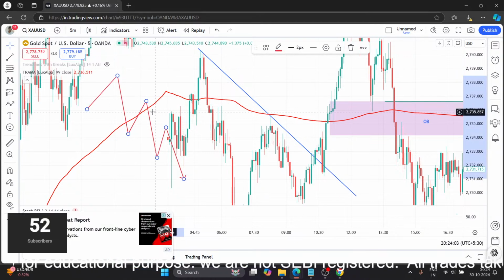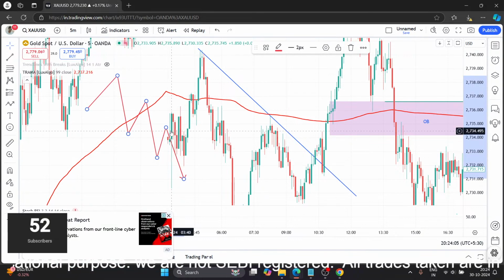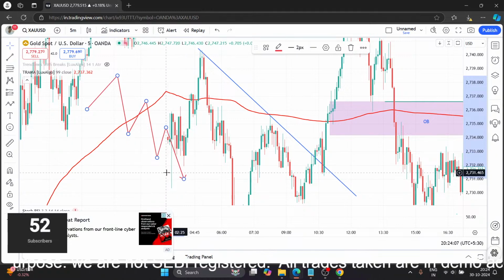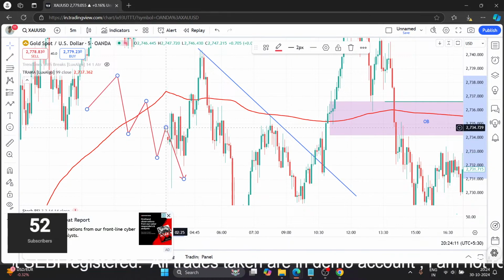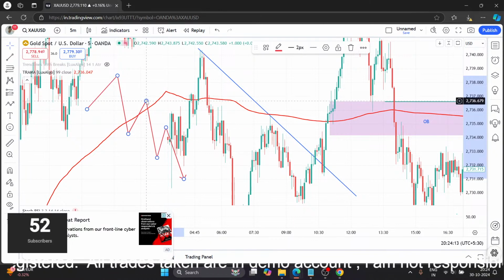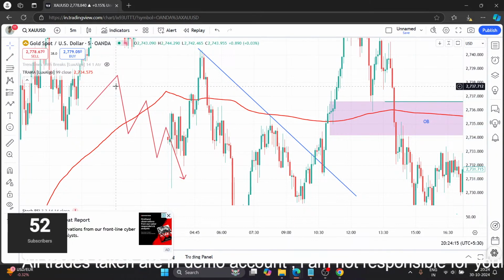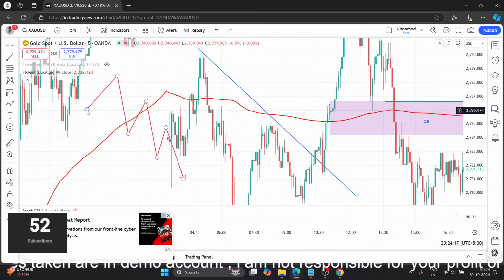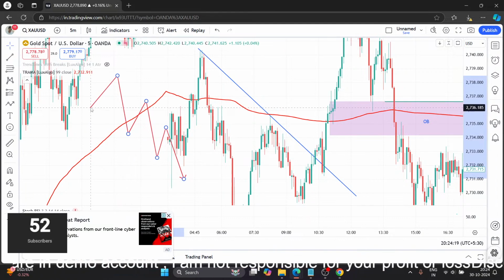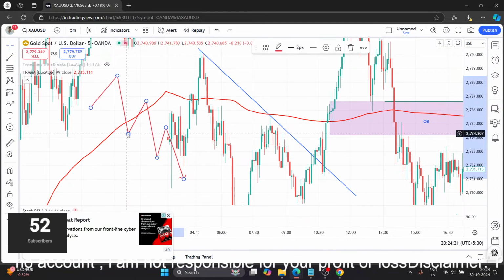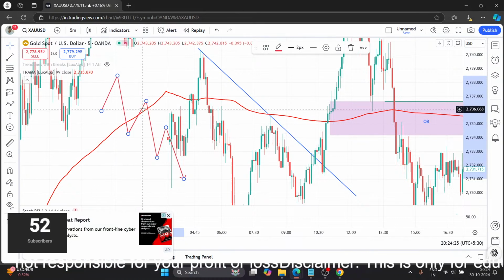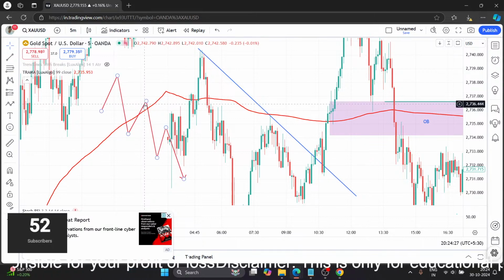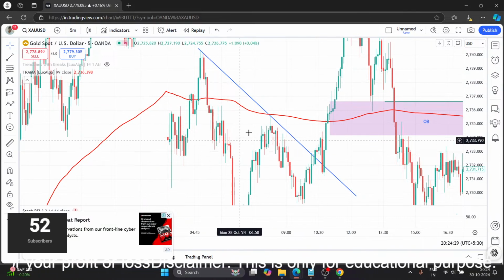This is called lower high, lower low. So when the market is in a downtrend, it will create a high lower than the previous high, and it will create a low even lower than the previously created low. This is a downtrend.